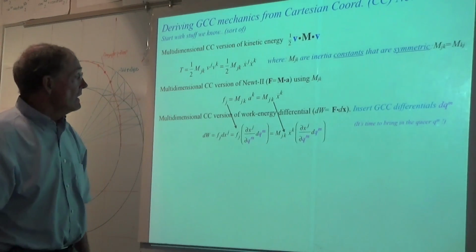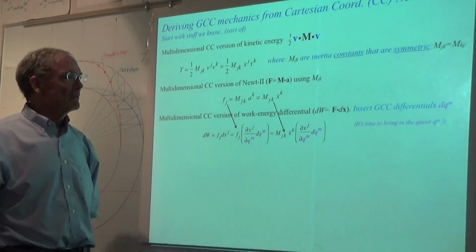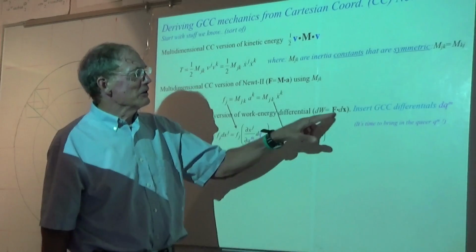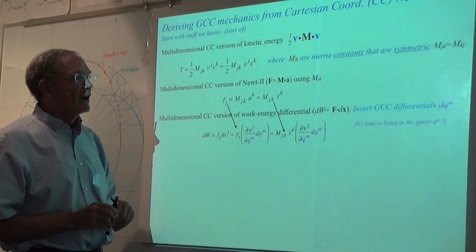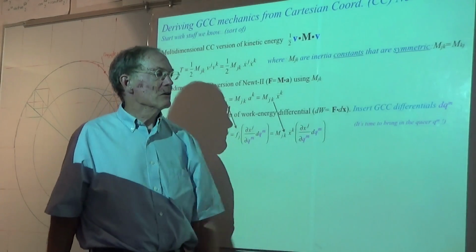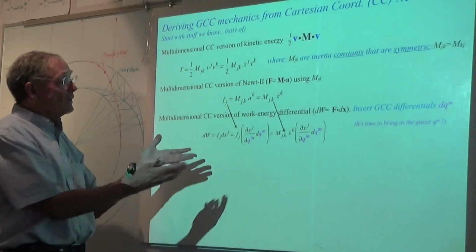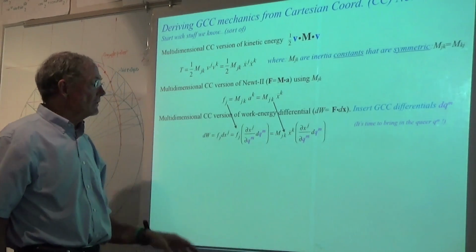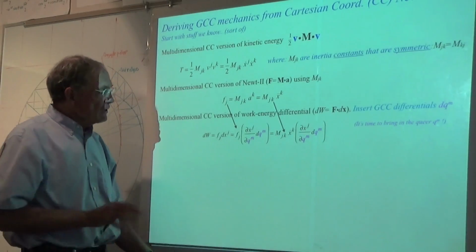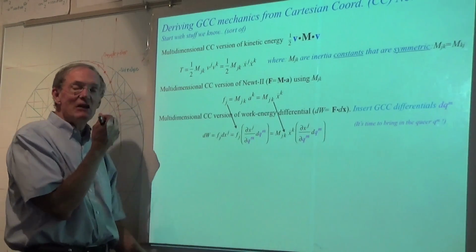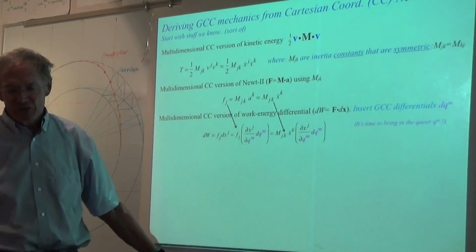Now, I'll also need a multidimensional version of work energy, just to start talking about it. We have a Cartesian definition we've become a little bit familiar with in our review section. It's really time to bring in the queer q's for this whole thing. So this is where it starts, right here. I'm interested in a differential of work. There are all kinds of ways to follow your logic into different paths at this point, but we're going to take a very short circuit to that.